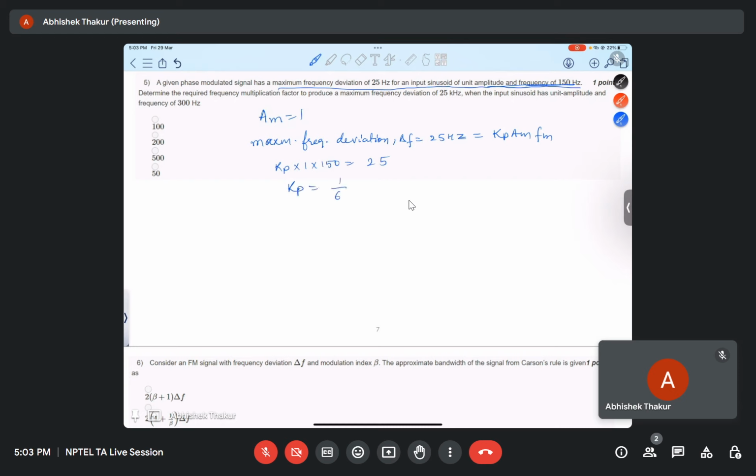So let the frequency multiplication factor be n. Now determine the required frequency multiplication factor. We have to find the required frequency multiplication factor.